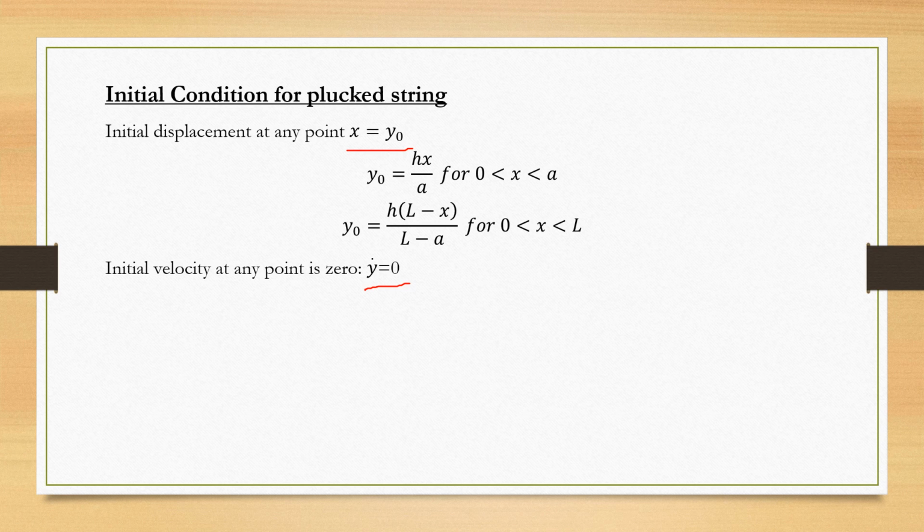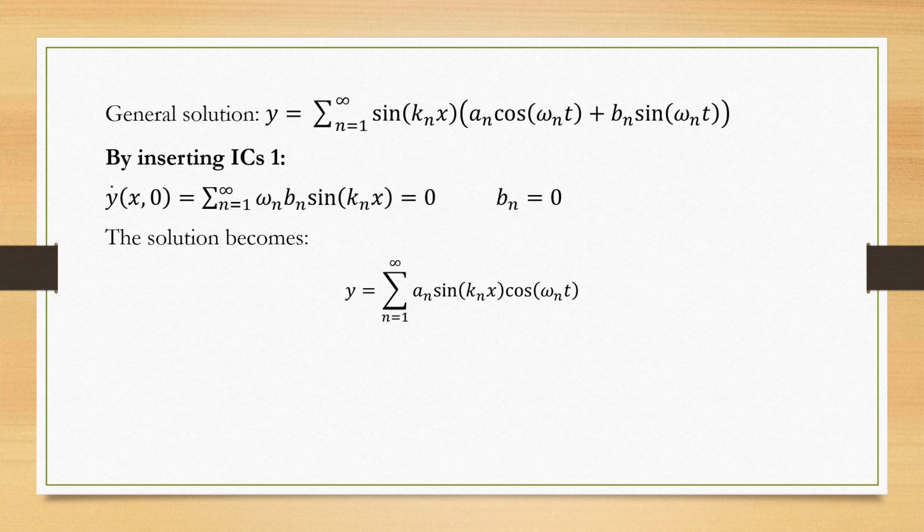So these are the initial conditions. For the general solution that we obtain by the principle of superposition, we insert the initial condition for the plucked string, y(x,0), and we get this solution for the first initial condition.